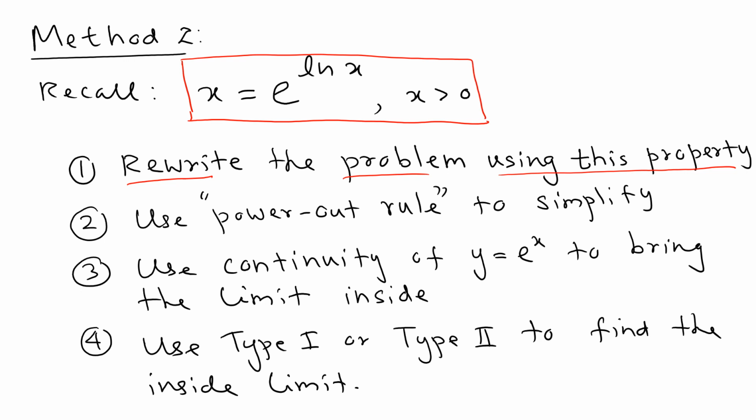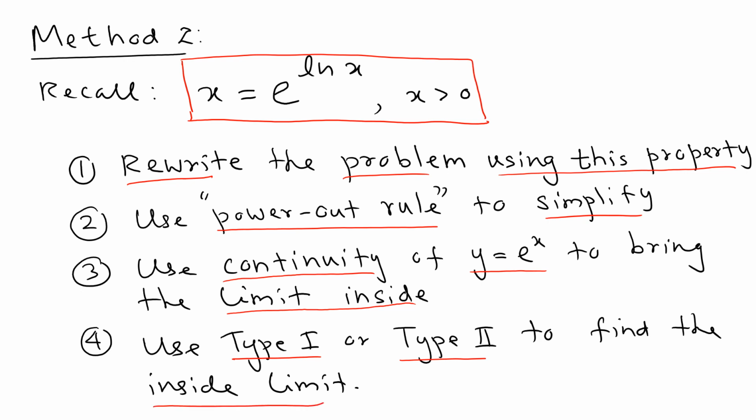Then we use the power rule to simplify, because the power comes out. Then we can use the continuity of y equals e^x. We know that y equals e^x is a continuous function, so you can bring the limit inside. After you bring the limit inside, it's going to be either type 1 or type 2, so you can use the type 1 or type 2 method to find the limit of the inside function. Once you do it, you get the answer.